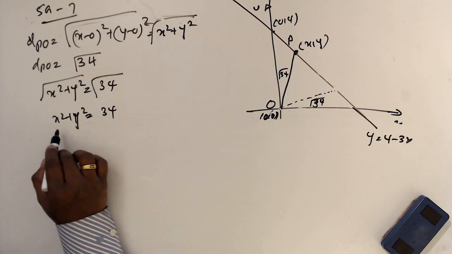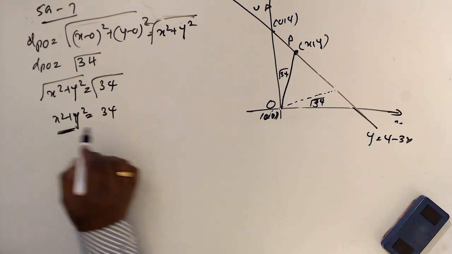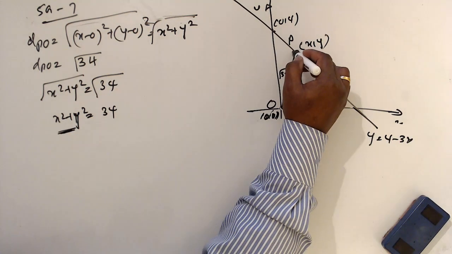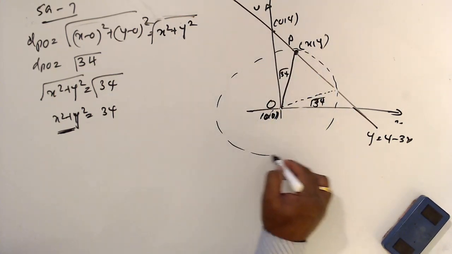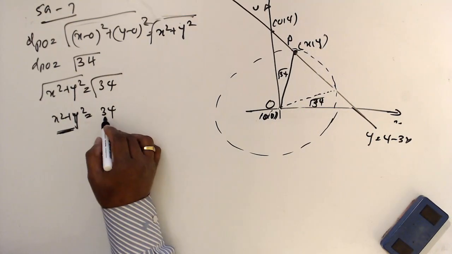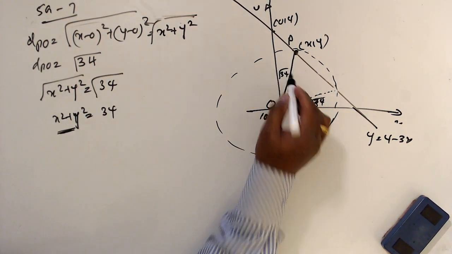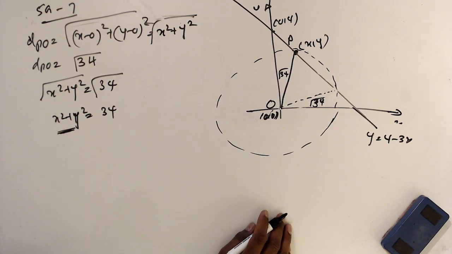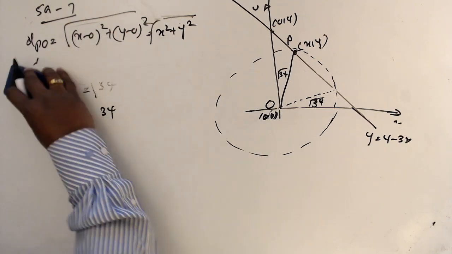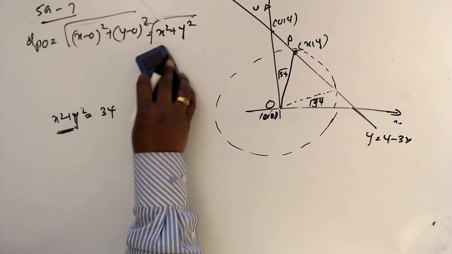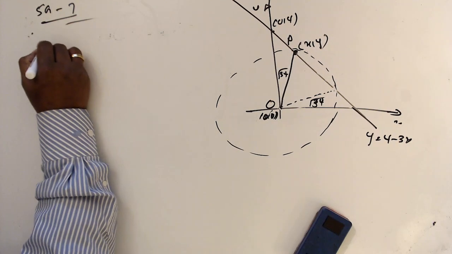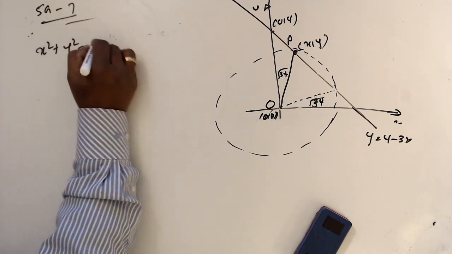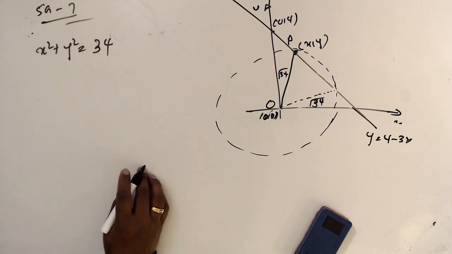What is the meaning of this? It is the equation of a circle. So the radius of this circle is square root 34. Now I have this equation in my hand: x squared plus y squared equals 34.